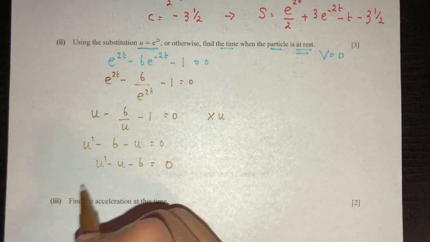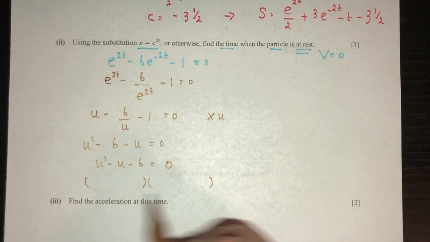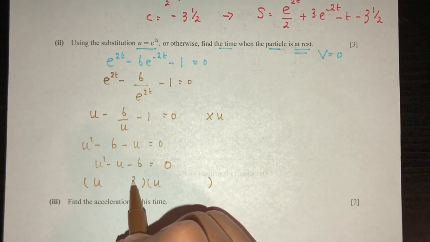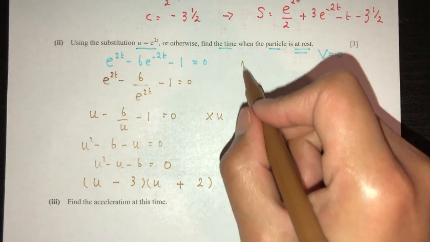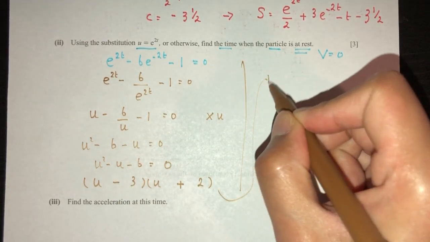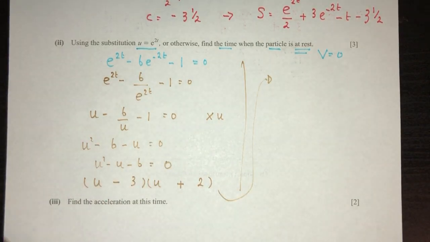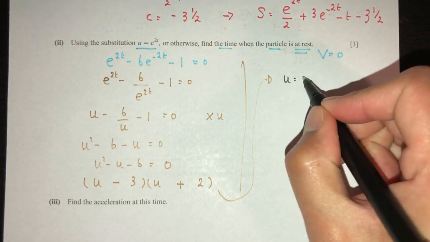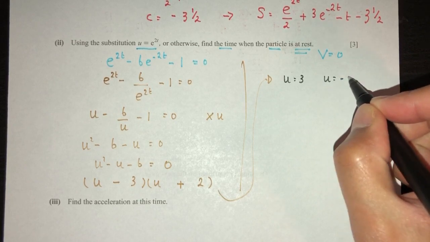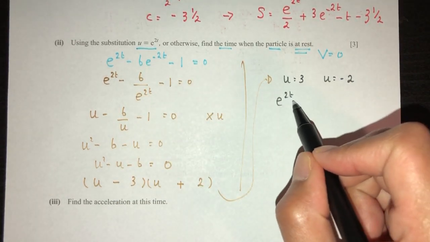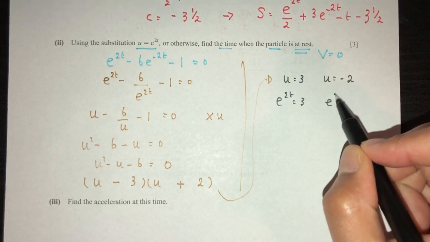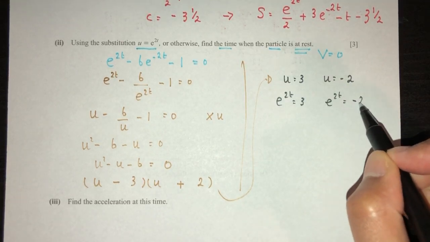Now we have to simplify. So factorize: (u minus 3)(u plus 2). So you will have u equal to 3 and u equal to minus 2. But u is actually equal to e^(2t), so e^(2t) is 3 or e^(2t) is minus 2.